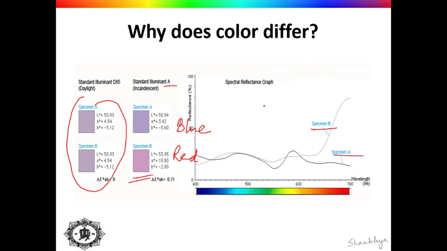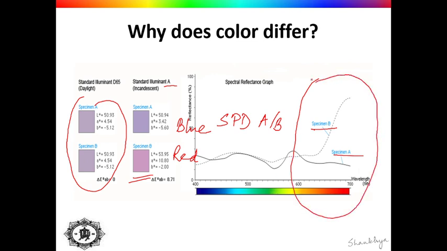The first hint is, check out the SPD for these two specimens, specimen A and specimen B, and specifically just focus your attention on the red wavelength region of the SPD of the two specimens. Just pause the video here for a minute, or take a screenshot on your phone or your computer, whatever you are using. This is your hint number 1.